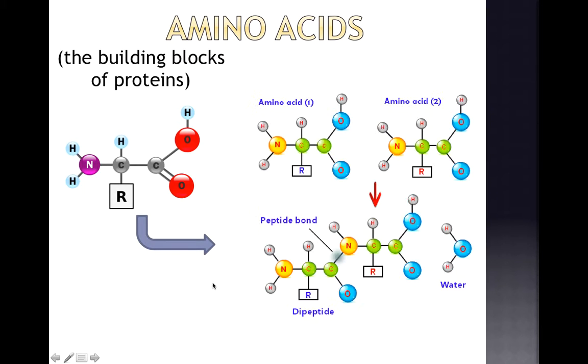When the amino acids are joined together, the carboxylic part of one amino acid is joined to the amine side of the other one, and this oxygen and these hydrogens are joined together in a water molecule, and the nitrogen is joined to the carbon.